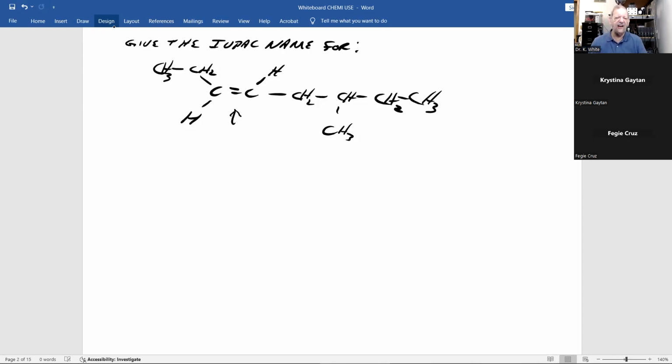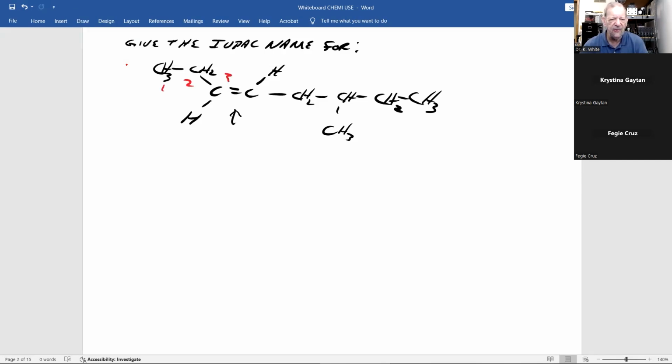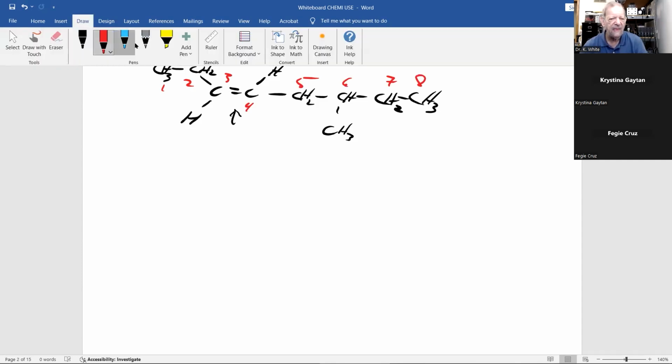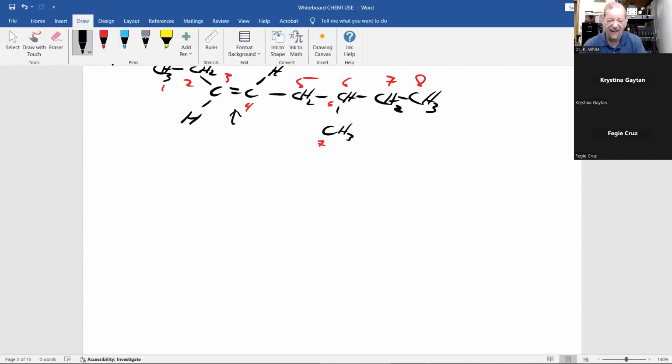So I find the longest chain with both carbons of the double bond. 1, 2, 3, 4, 5, 6, 7, 8. If we went down here, 6, 7. So 8 is the longest chain. And 8, you should know, is octane.